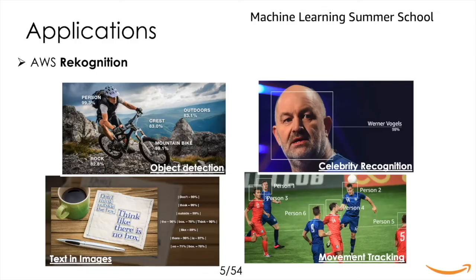You just provide an image or video to the Rekognition API, and it can do a number of things like detect objects in the image, recognize faces, detect text in the image, do tracking of people. It can also flag inappropriate content. It's a highly scalable deep learning technology that leverages CNN architectures in the backend and has been developed by our computer vision scientists to analyze billions of images and videos daily.